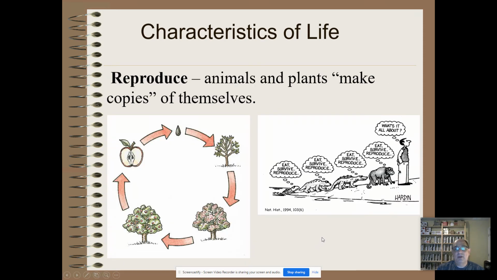Number four is reproduce. Animals and plants make copies of themselves, right? In order for our species, or an organism, to survive, it has to reproduce some way. If we look at the plant here, the plant starts as a seed, grows into a small tree, becomes a large tree. The tree fruits, which is its way of reproducing.